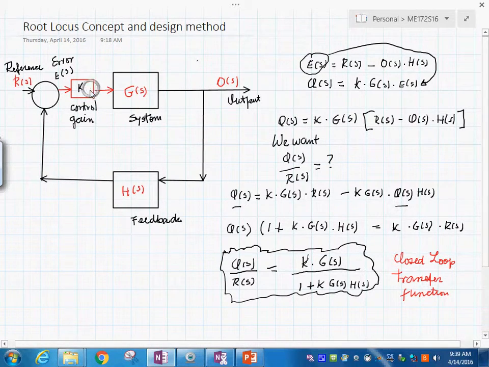So what Professor Evans was saying is that if K is 1, because if K is 0 then the whole thing doesn't work, you get the transfer function.